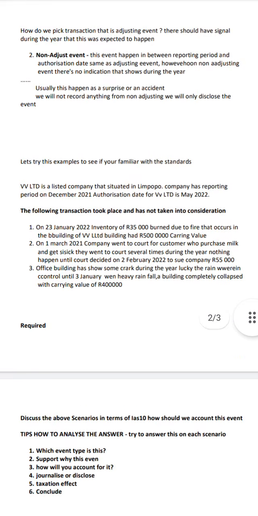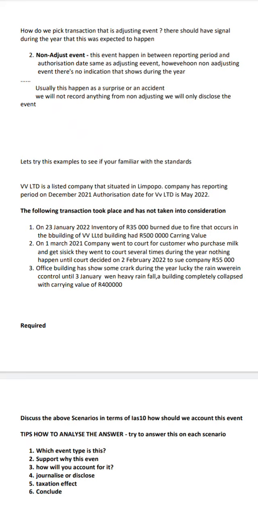Alright, let's go back to our transactions, then we answer the question. Number 1, on 23 January 2022, inventory of 35,000 burned down due to a fire that occurred in the VV Ltd building, which had a 5 million current value. Alright, so here is an event.